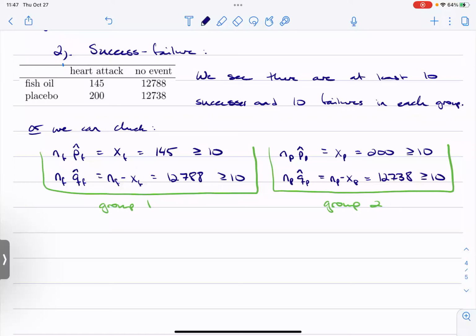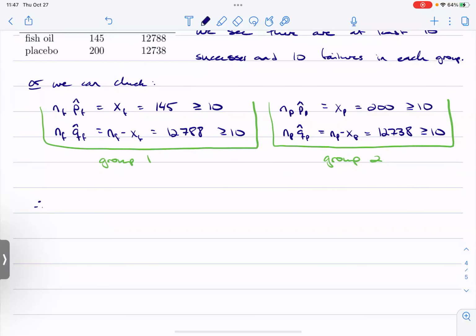Conditions all check out. What does that mean? Therefore, we can use the normal distribution to model the difference in proportions.